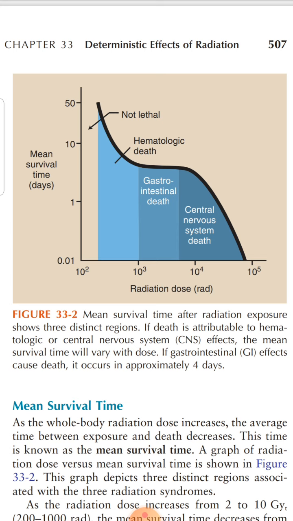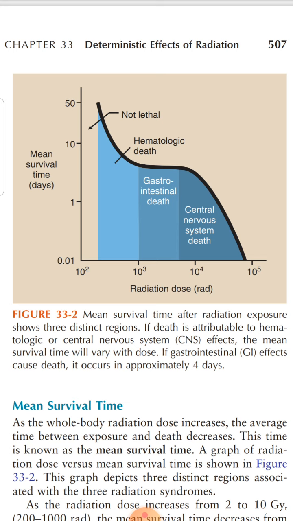In the first section, hematological death, as we increase the dose from 200 to 1000 rad, or 2 to 10 Gy, the time decreases from 60 days to 4 days. In the GI syndrome section, the mean survival time is constant at 4 days.